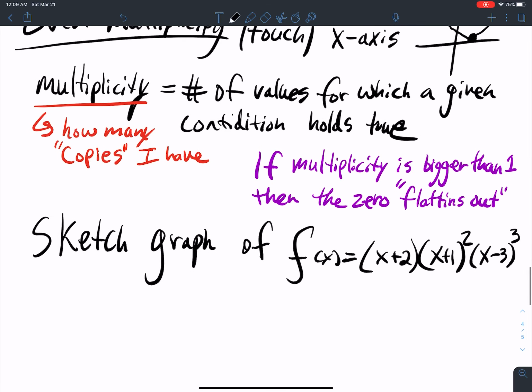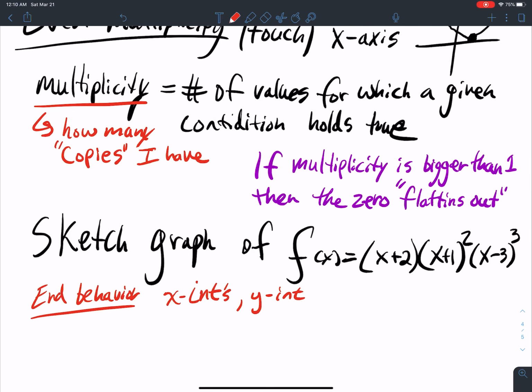Okay? I want to know the end behavior. I want to know the x-intercepts. I want to know the y-intercept.